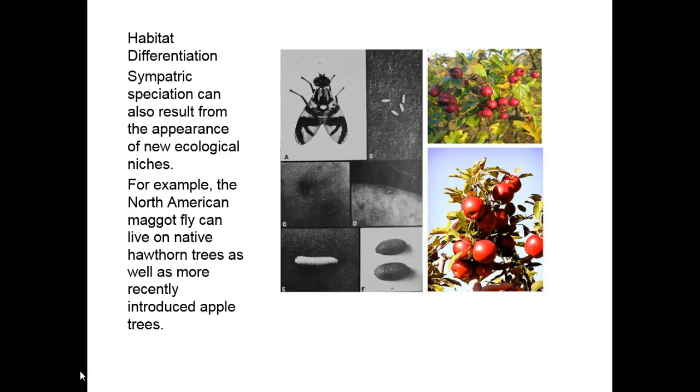And so over hundreds of years, the maggot flies have adapted and are now seen on hawthorn trees and apple trees. They are so different, the ones on the hawthorn trees and the apple trees, that we consider them different species of maggot flies. And so we find this speciation due to new niches that are constantly being created.